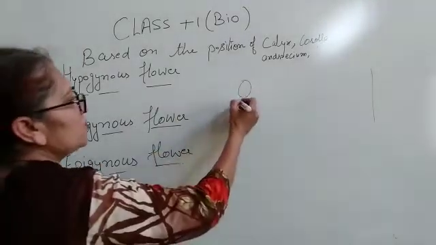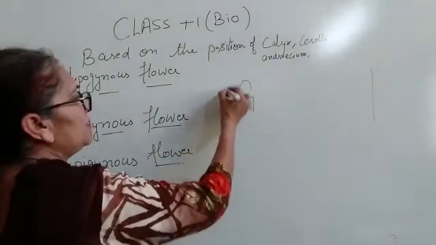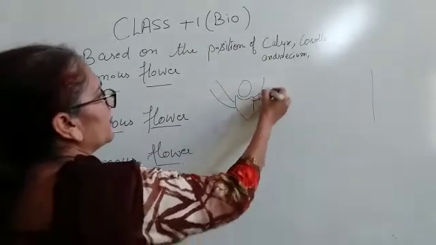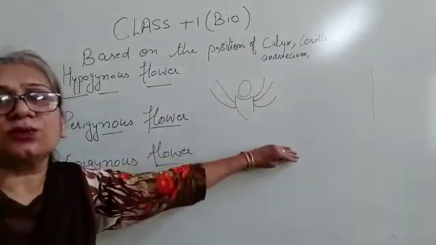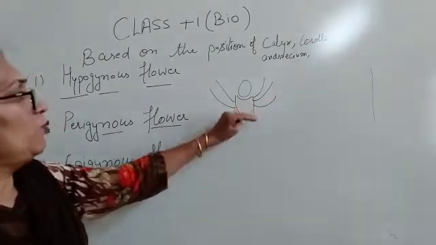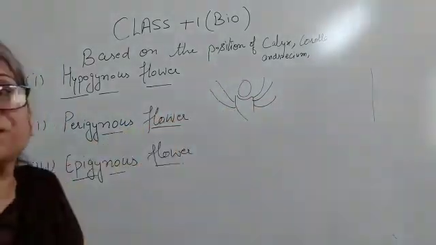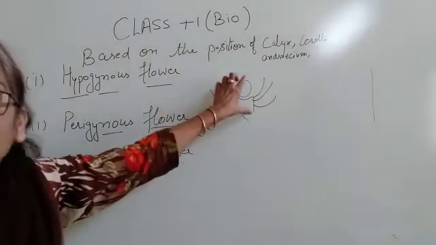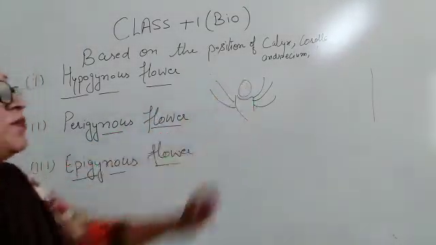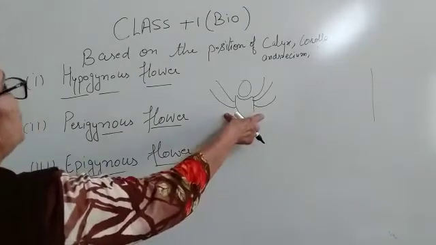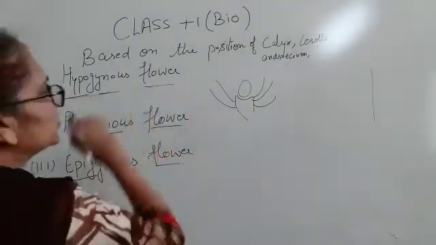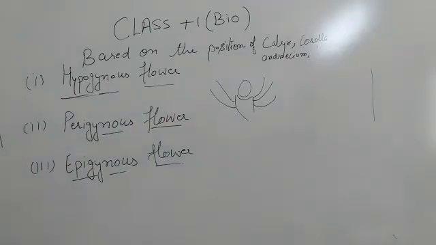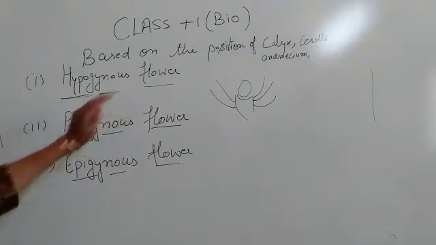They will just arise from this part, below the ovary. Clear? All will grow from below the ovary, and the ovary will lie above all these parts. So we call this superior ovary. And this type of arrangement, if you find it, we call that hypogynous flower.